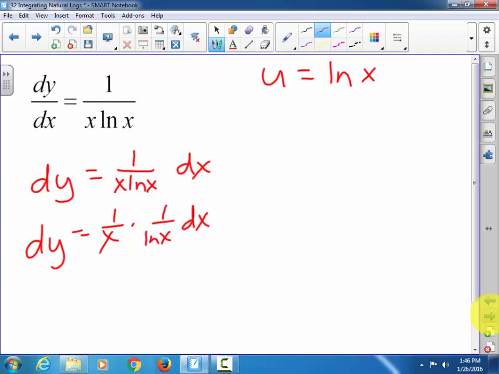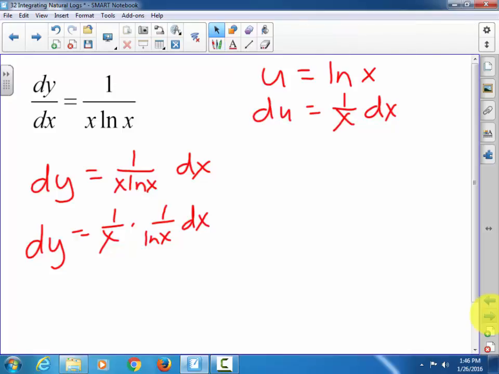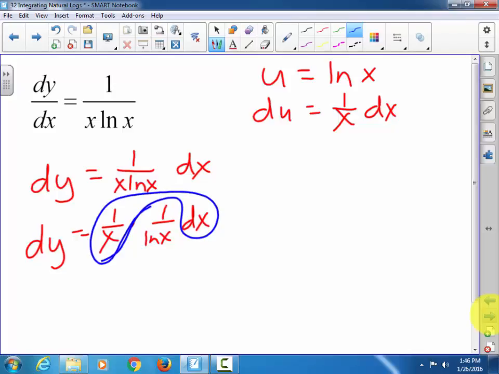What did we say? Normally we want the denominator to be our derivative. If we let our u be x ln x, there's no way we get to that derivative. So, if we let u be ln of x, then that says that du is 1 over x dx, right? And now, look at what we have. We have a 1 over x and a dx right here.